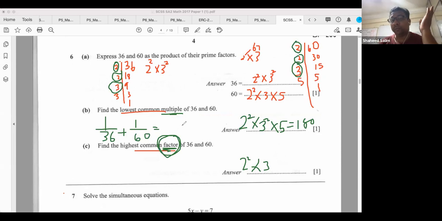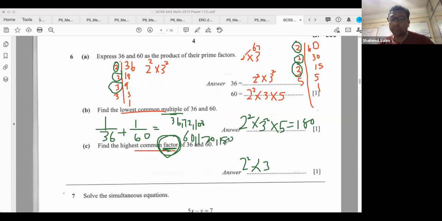Lowest common multiple. In primary school, you learn multiples of 36. Remember now? 72. We can also do that if you want to. Then you get 108. Until you reach 180, then you circle. Remember? Primary school. I don't remember primary school, it's a long time ago. 60, 120. Remember? 180.